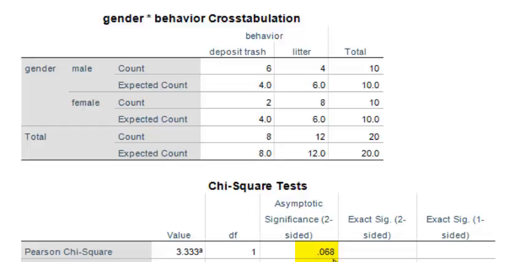And we look here, and 0.068 is actually greater than 0.05. And so this chi-square is not statistically significant. So we did not prove anything within our study. There are no differences between men and women as to whether they deposit trash or litter more frequently.